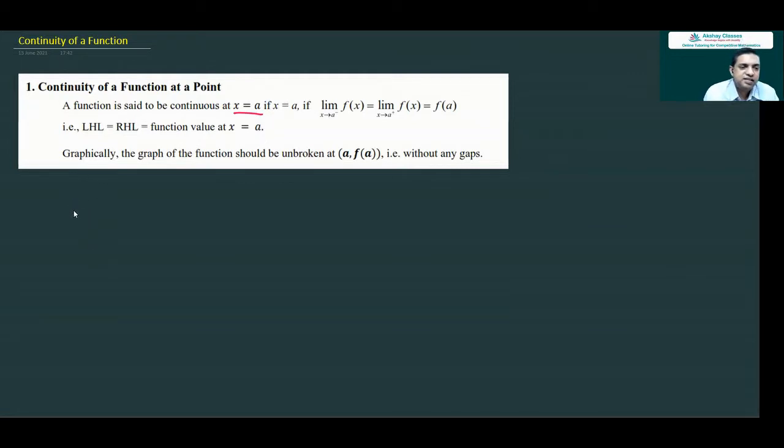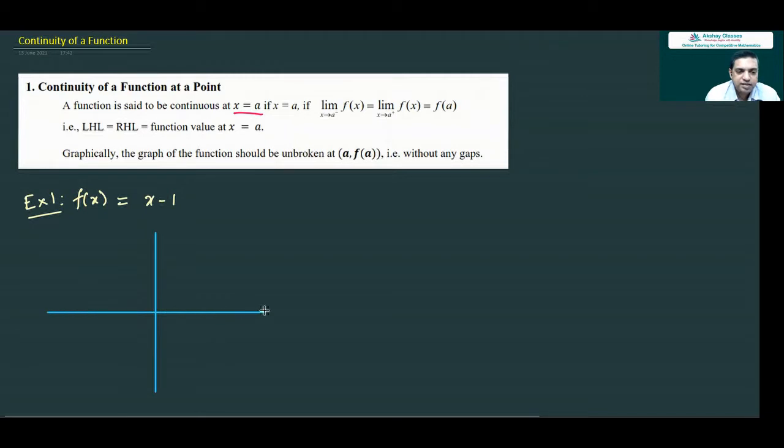So let us take an example. Example 1: f of x is x minus 1. If I have to draw the graph of x minus 1, how will I draw it? So y equal to x minus 1, this is what I'm plotting.